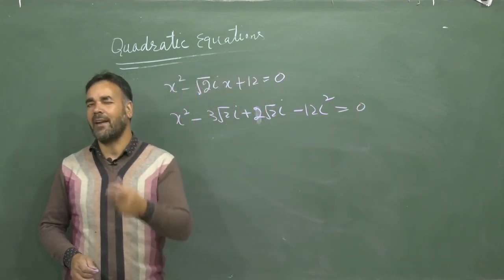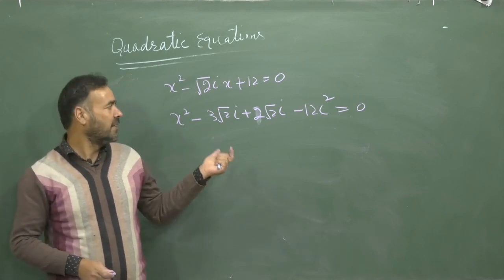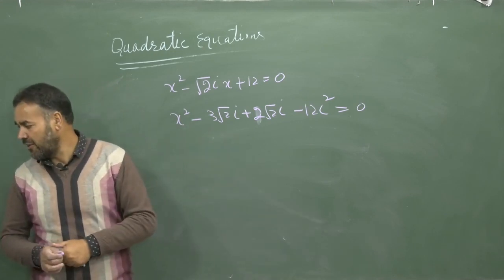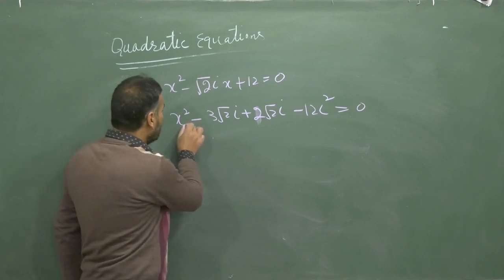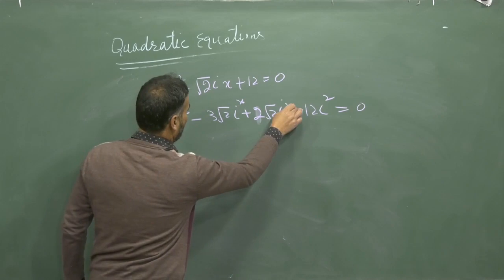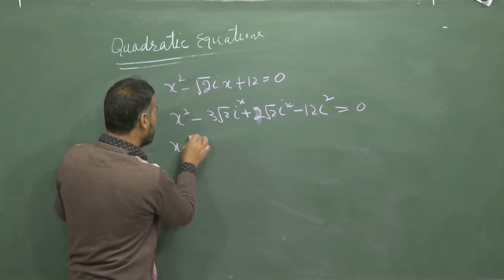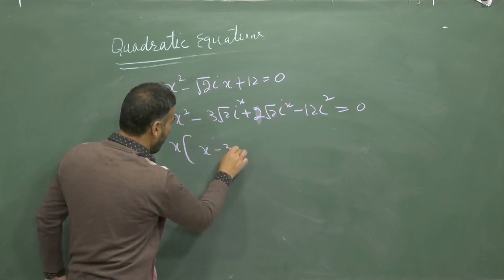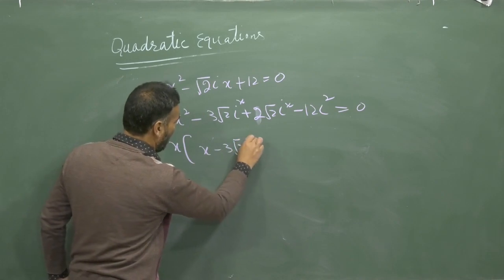Now we can factorize them, and you know better how we can factorize these quadratic equations. In these two terms it is x here and also x. If you take x as a common factor, it is x minus 3 root 2 iota.